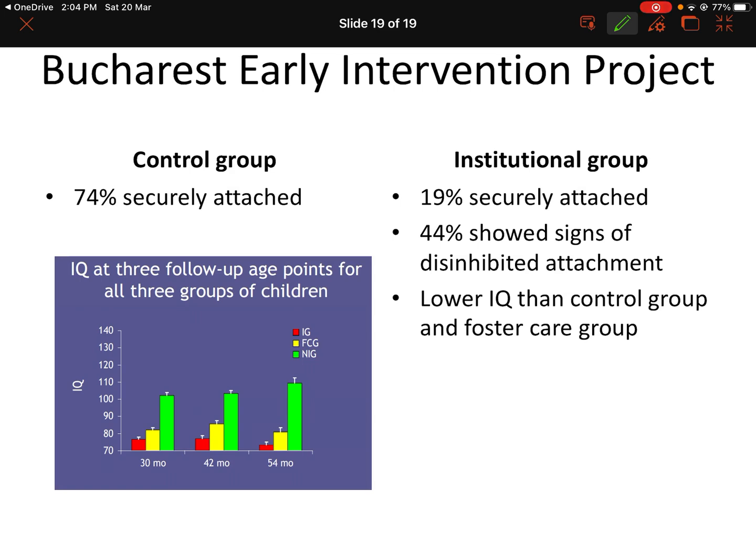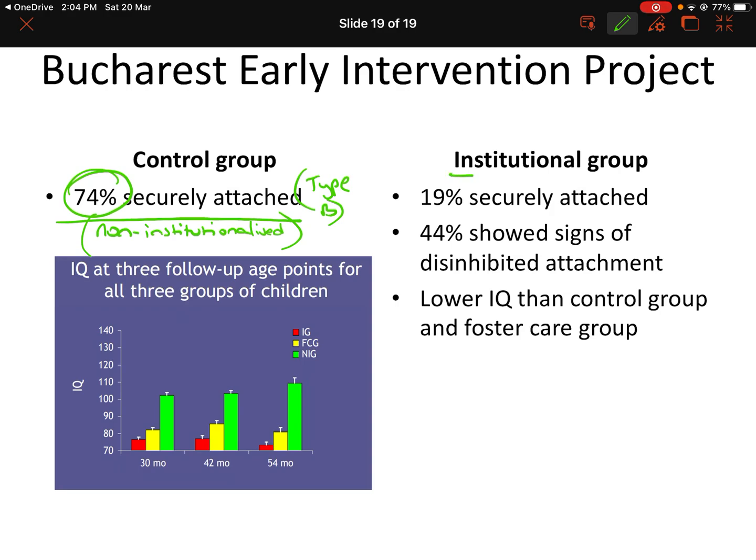So in the control group, 74% of children were securely attached. So remember, these were the non-institutionalised children. And here we see quite similar rates, actually quite high rates of type B attachment, according to the strange situation. Not surprising, because these children were raised in non-institutionalised settings.